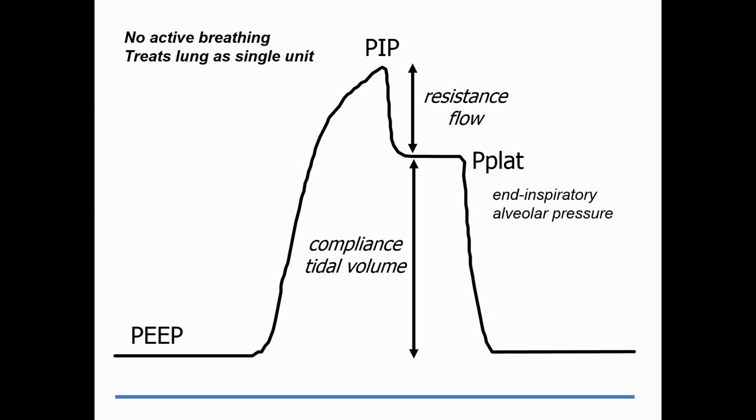There's no more flow, so whatever is at the beginning of the tube is equal to whatever is at the end of the tube, as long as there is no obstruction in the middle. So if that's the case, then this part of the pressure was needed to overcome the airway resistance, and this part of the pressure was needed to overcome the resistive forces from the poor compliance of whatever compliance the respiratory system has.